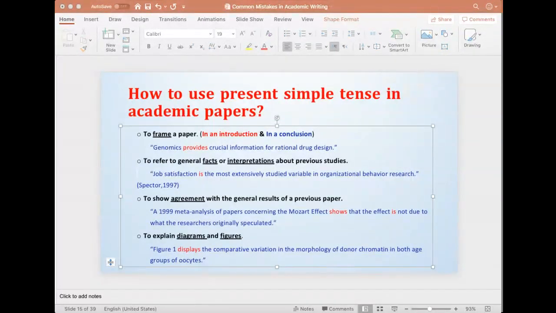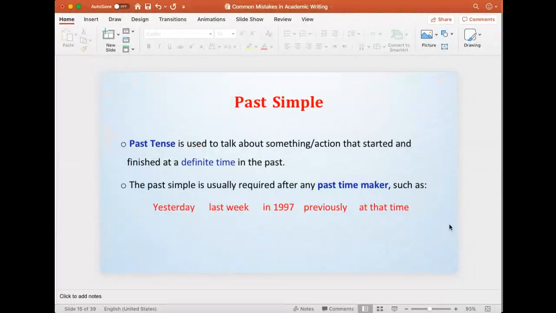Okay, exactly. And also in IELTS task 1, you are going to describe a chart or a figure. So always use the present simple. All right, the past simple. It is used to talk about something or an action that started and ended or finished at a specific time in the past.